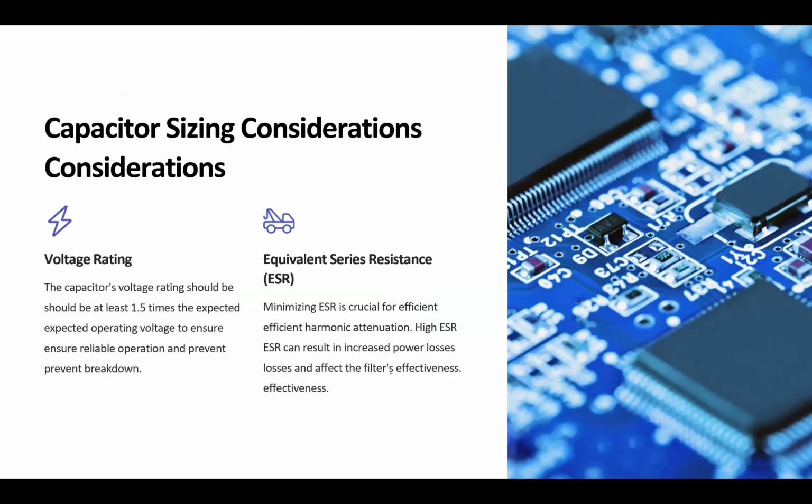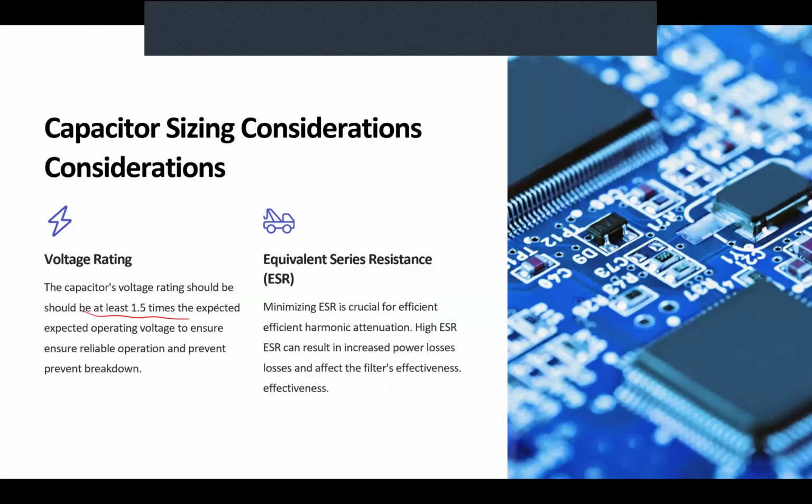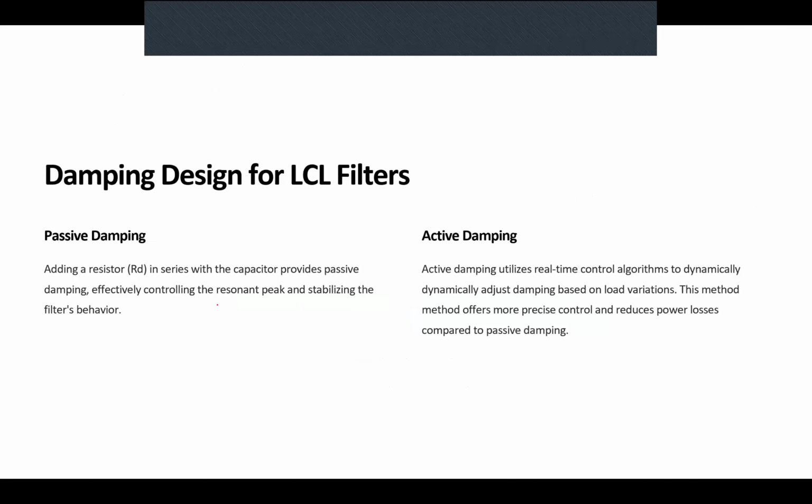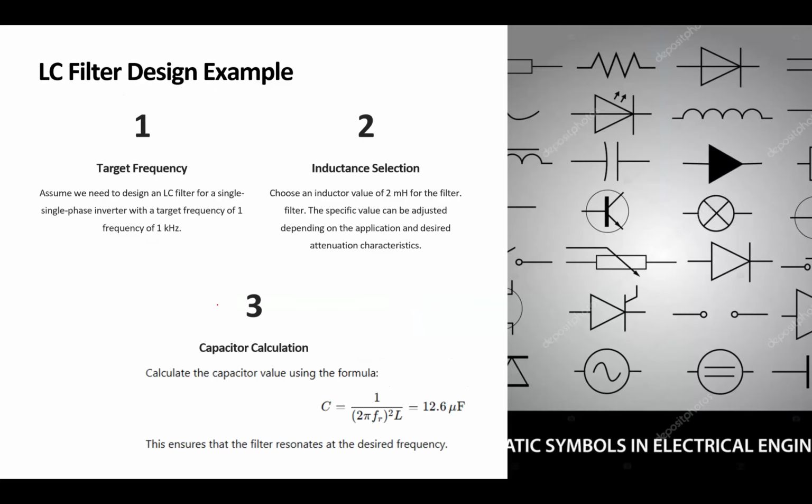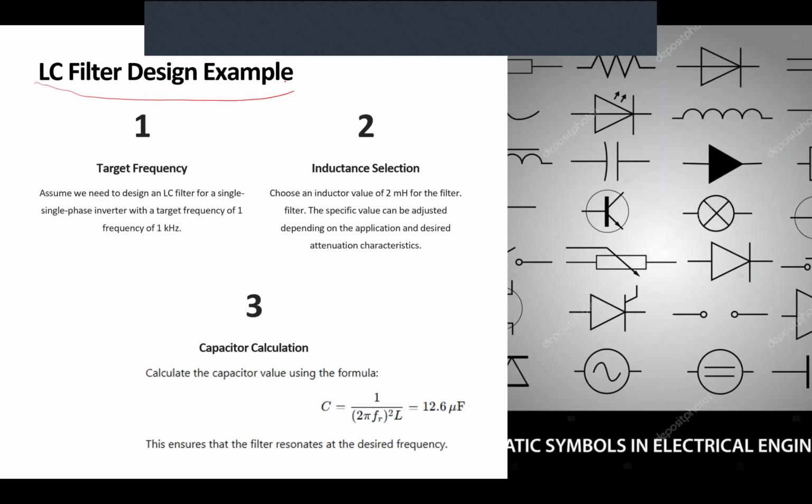Let's see those. Here, I mentioned the voltage rating; I already talked about that. Let's go through the example. For example, say we want to design an LC filter for a single-phase inverter that targets 1 kHz, so we want to eliminate 1 kHz.